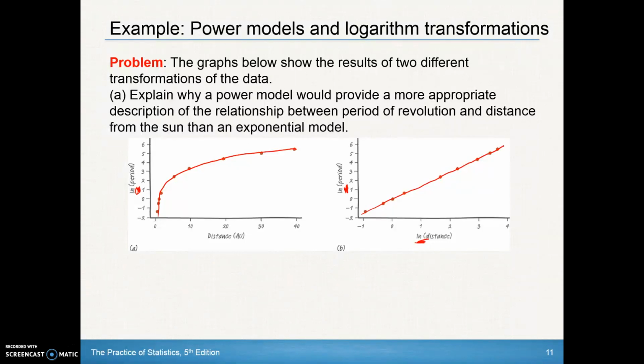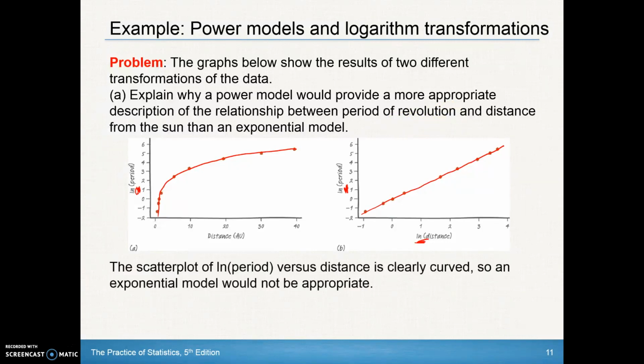So to explain why a power model provides a more appropriate description of the relationship between period of revolution and distance from the sun than an exponential model: the scatter plot of just the natural log of the period versus distance is clearly curved, so an exponential model would not be appropriate. Remember, a log undoes an exponential.